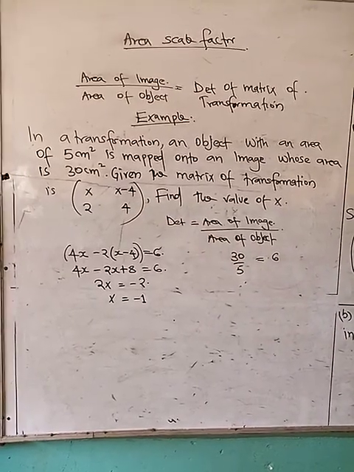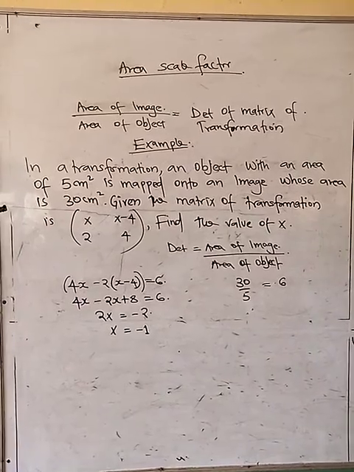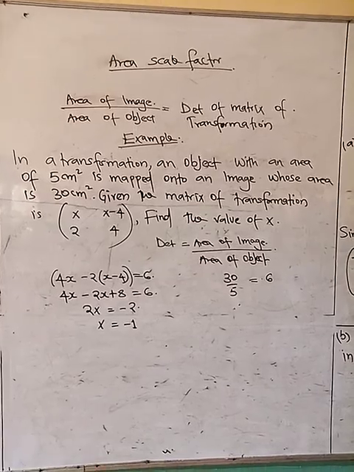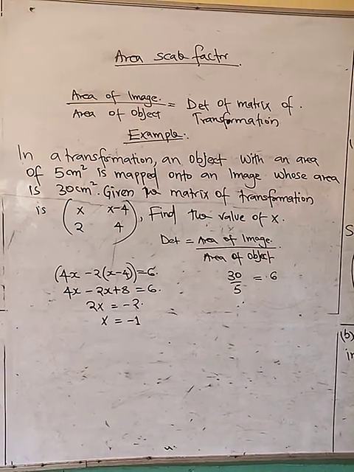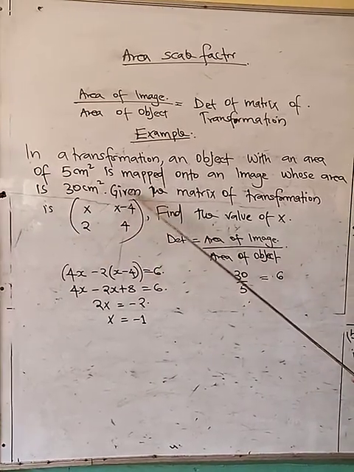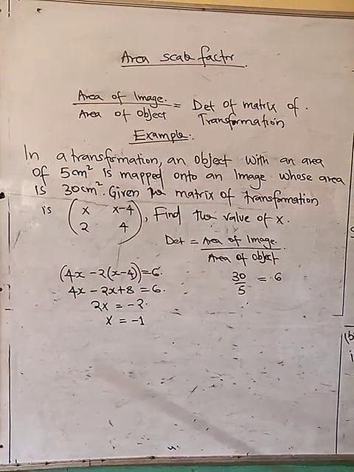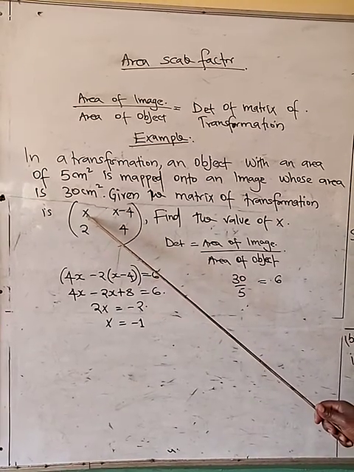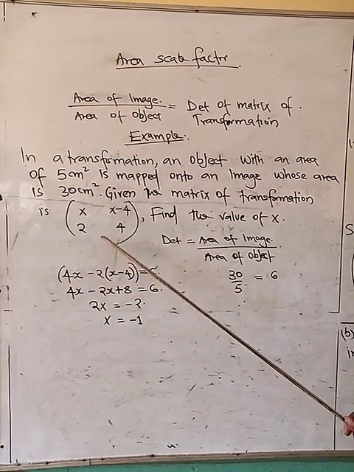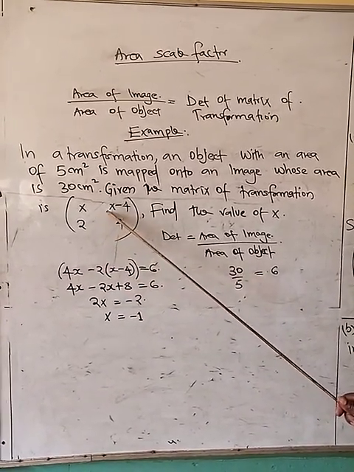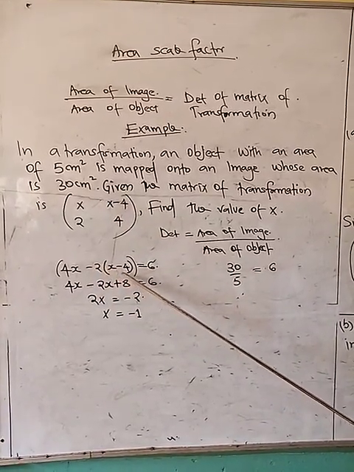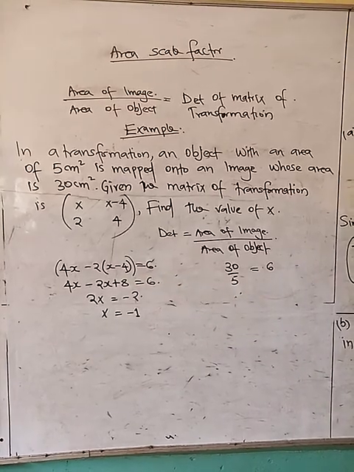Then how do we get the determinant? We multiply the elements in the major diagonal minus the product of the elements in the minor diagonal. So this is the major diagonal, this is the minor diagonal. The product is x times 4, which is 4x, minus 2 times (x minus 4), and that is equal to 6, the determinant.